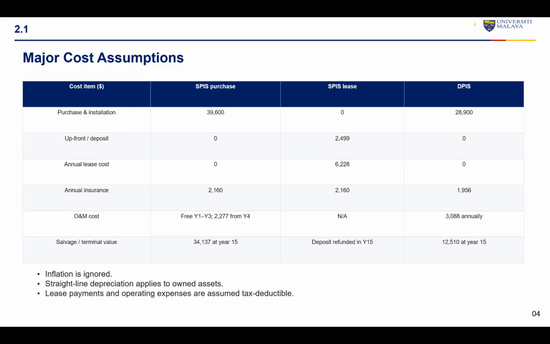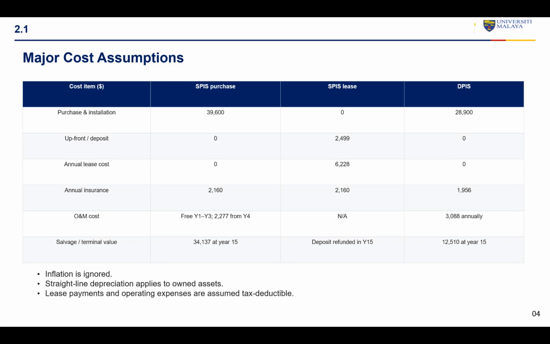The SPIS lease option requires a refundable deposit of $2,499 and an annual lease cost of $6,228. The DPIS option has an initial cost of $28,900 and a salvage value of $12,510. Insurance is paid annually for all alternatives.